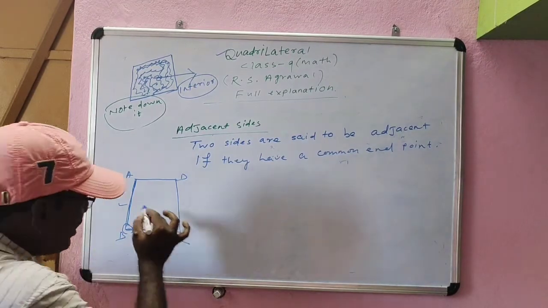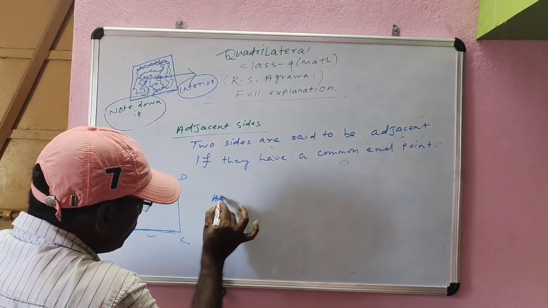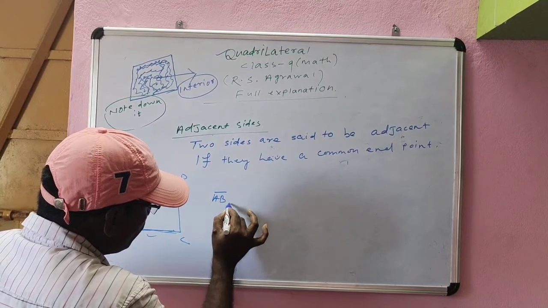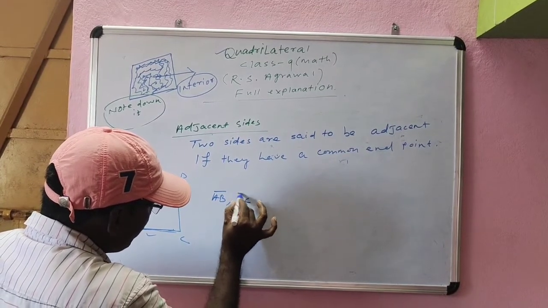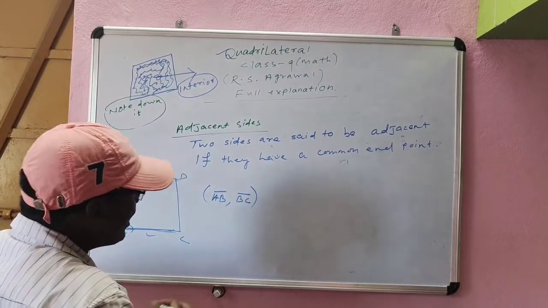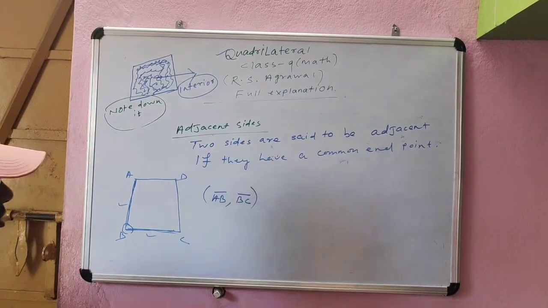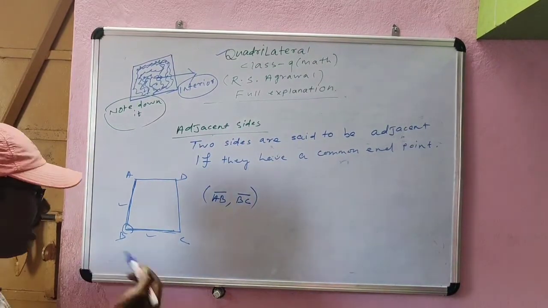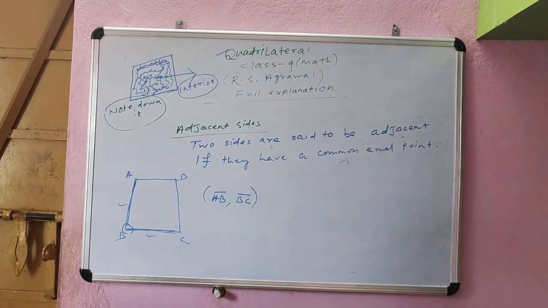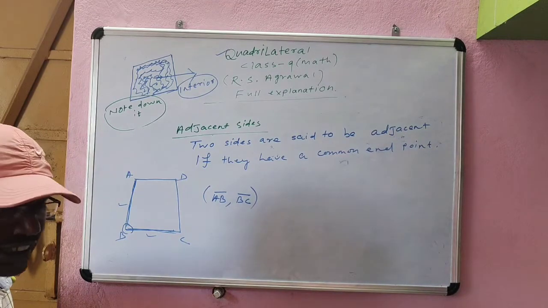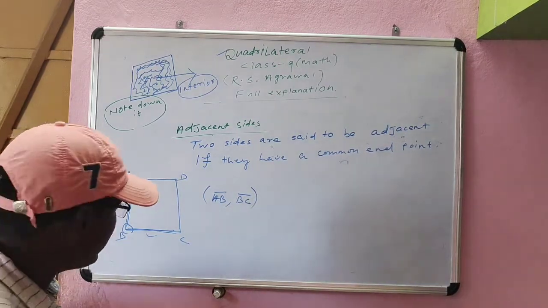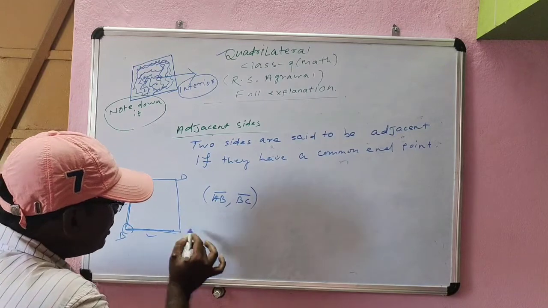So AB and BC is a pair of adjacent sides. Similarly, you can form the other pairs of adjacent sides. What are they? BC and CD.